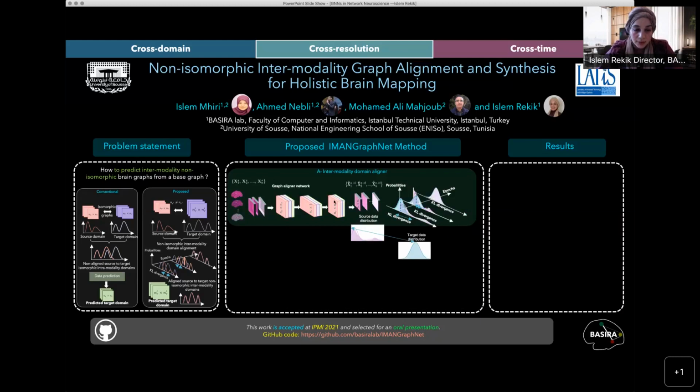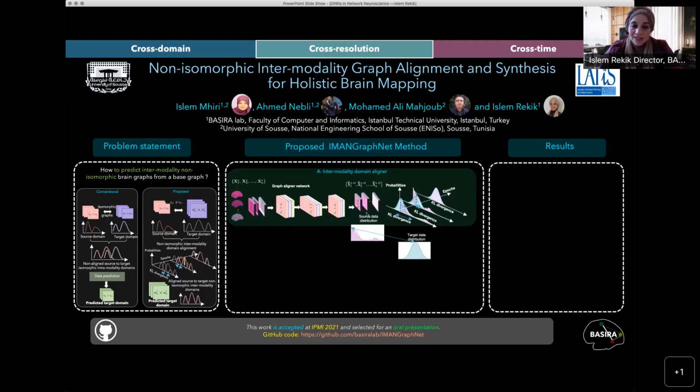Through this aligner network, we want to minimize the KL divergence over a long training between the source distribution, which is the purple one, and the target distribution, which is the blue one. You can see here they're completely aligned. After these networks pass through the aligner, their distribution will be aligned to the target domain. So you still have X source networks, but they are aligned towards the target in distribution.